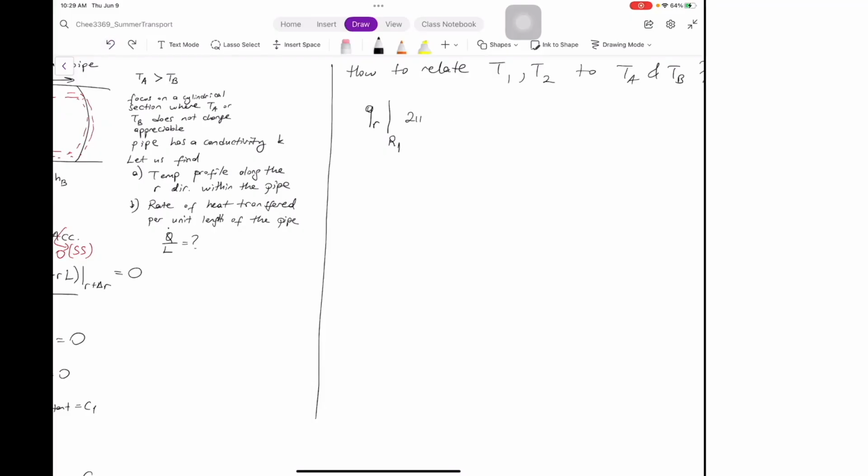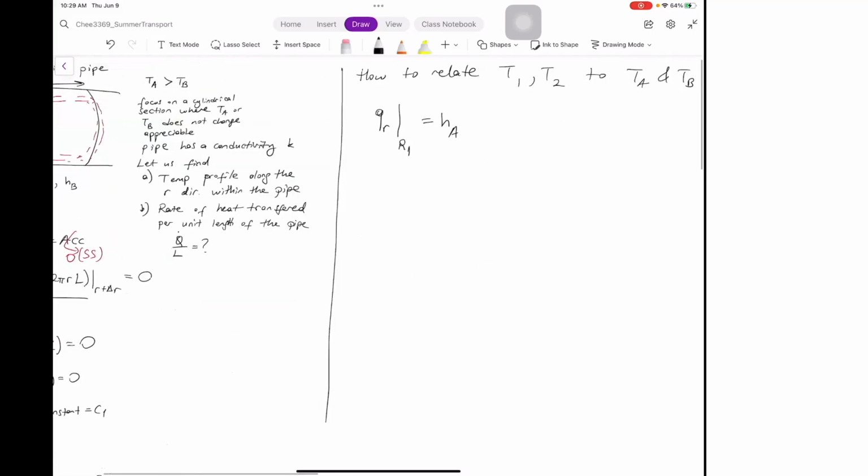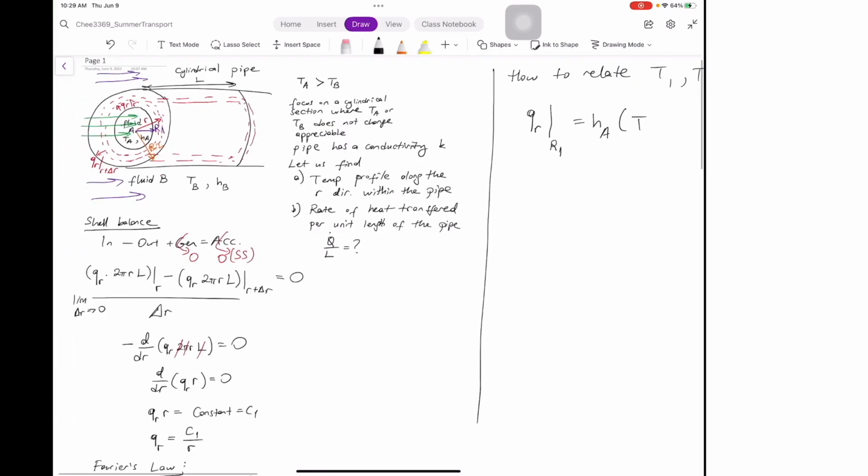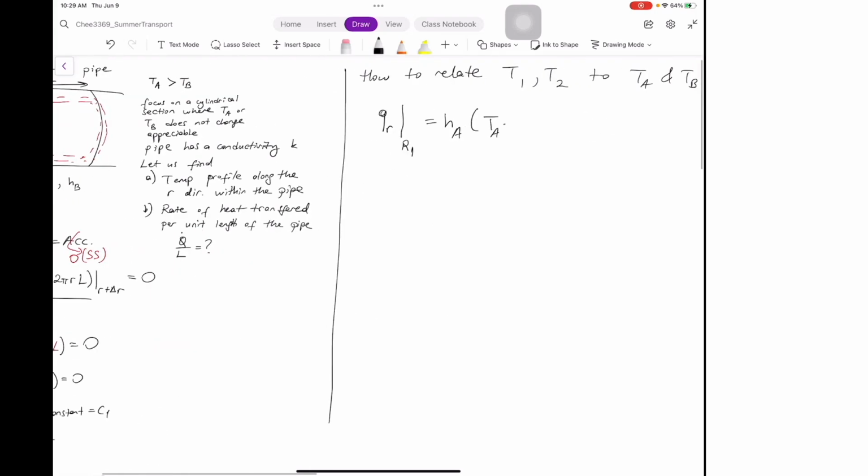Or let's just write down Newton's law of cooling. QR at R1 must be equal to HA, because it's the fluid A which is inside, times TA minus T1.